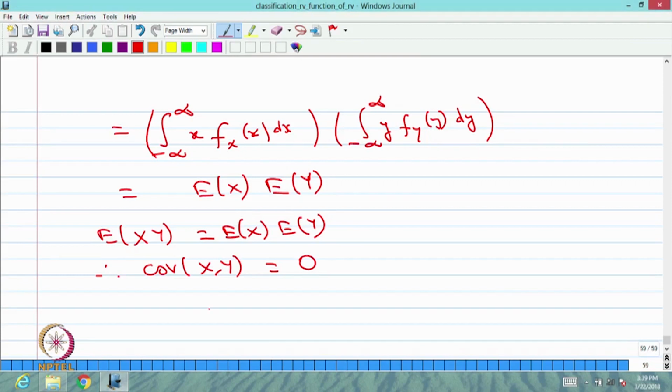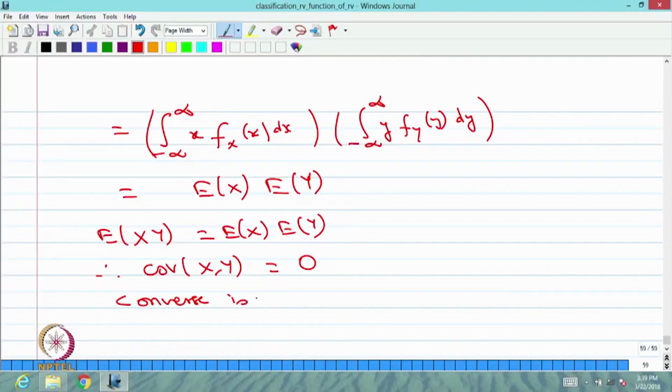Converse: if the covariance of two random variables x comma y is 0, that does not imply that the two random variables are independent. That means the converse is not true.